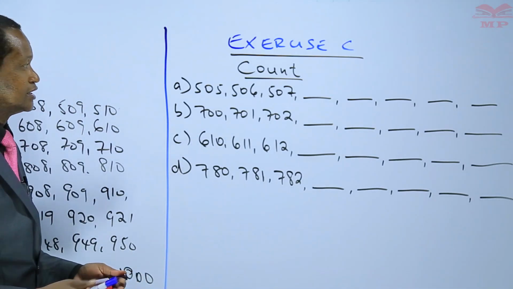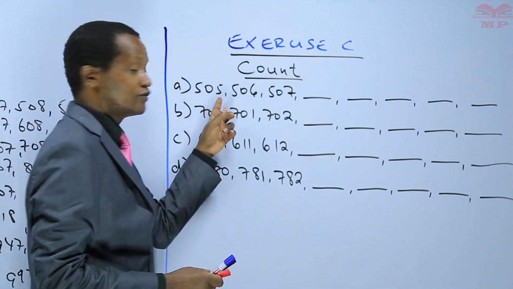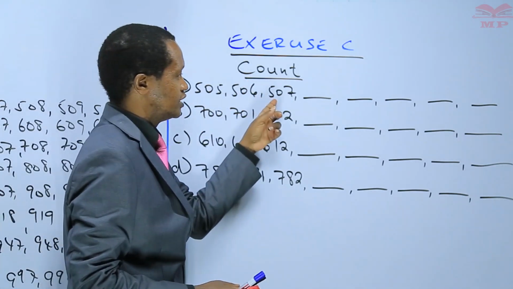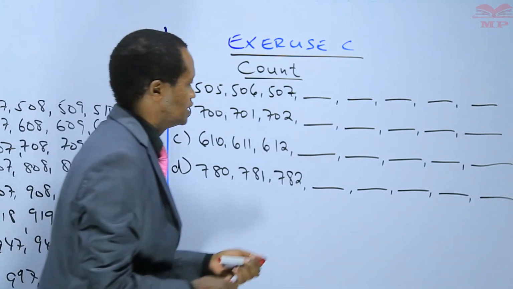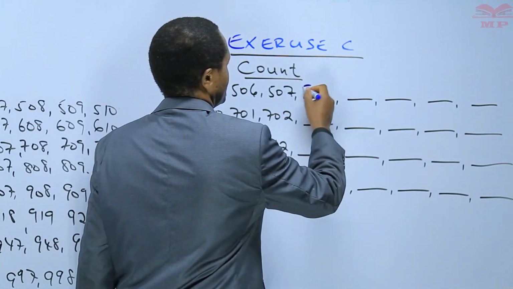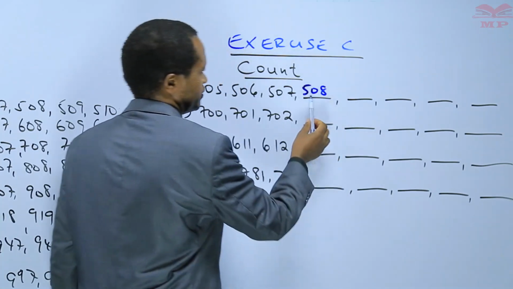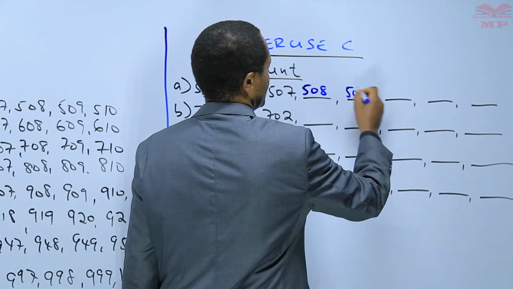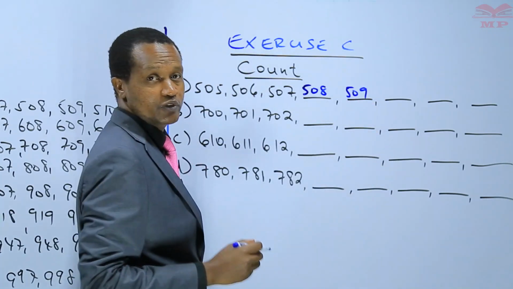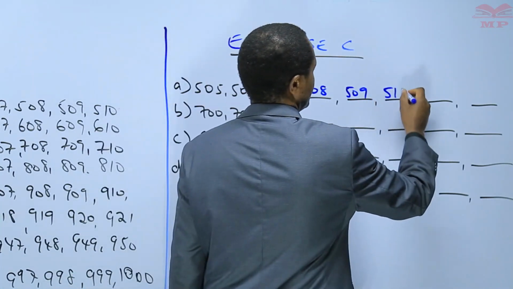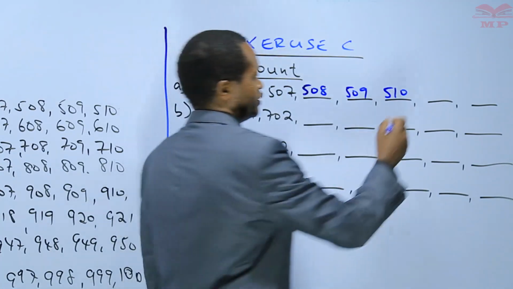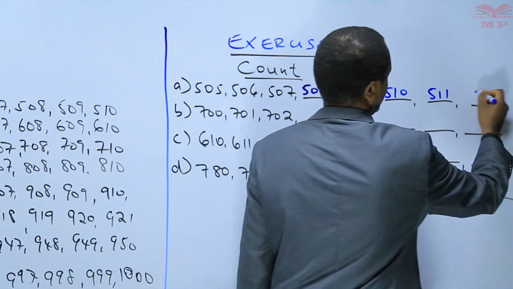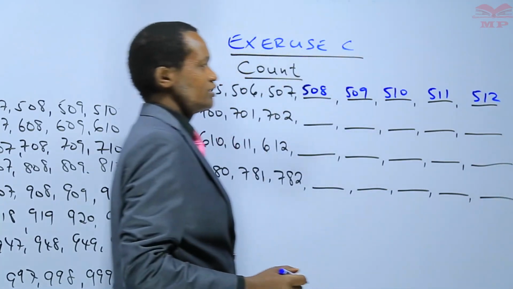Counting, learners. From 505, we move on to 506, then 507, then 508, from 508 we move to 509, from 509 we move to 510, from 510 we move to 511, from 511 we move to 512.